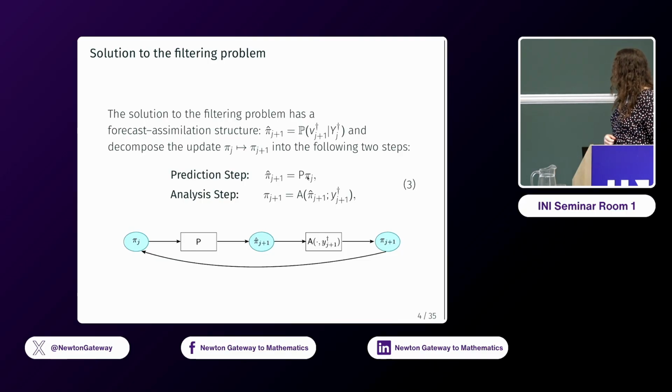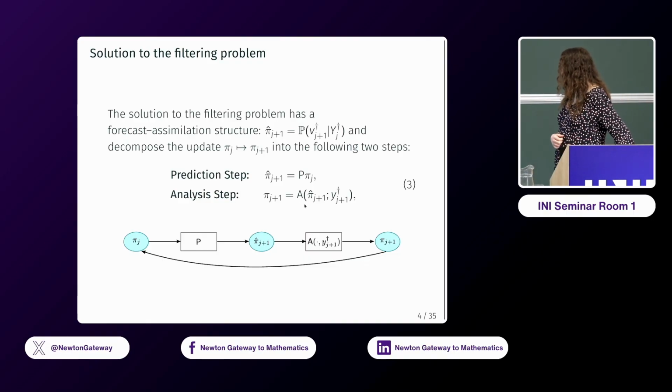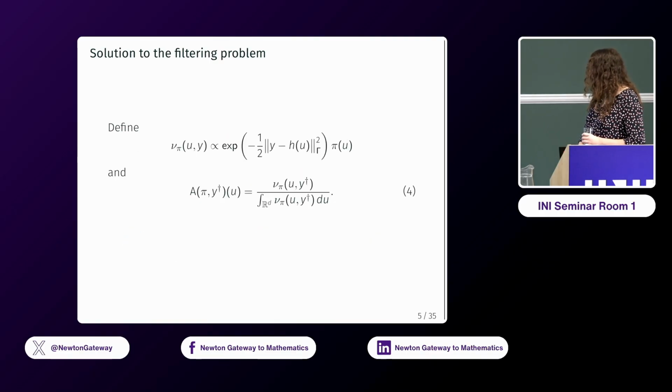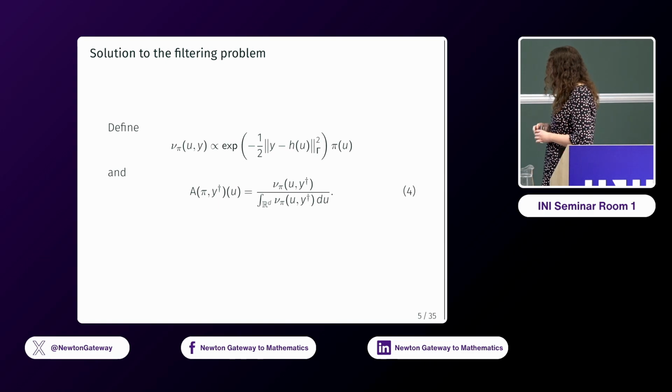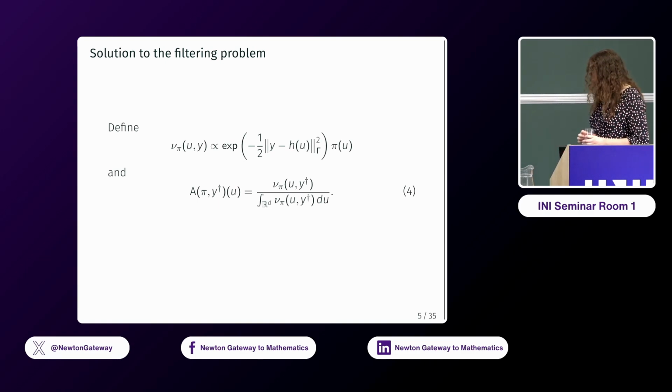And these are probability distributions. So P and A are infinite dimensional operators. P is a linear operator, but A is a nonlinear operator, which is where a lot of the difficulty in data assimilation comes in. So what does this A operator do? It's actually Bayesian.